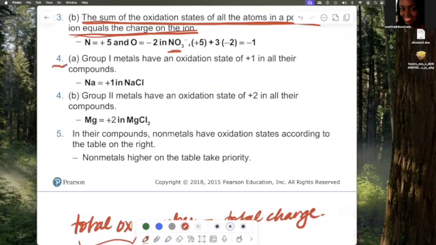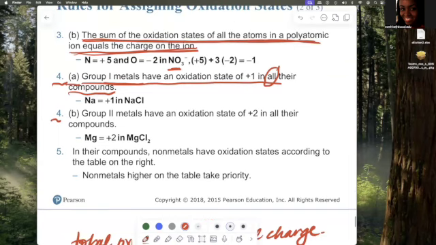Rule 4, there's a rule for group 1 metals. That's for 4a. It says here, group 1 metals have an oxidation state of +1 in all their compounds. Okay. We don't have a lot of rules in chemistry where the rule applies to all compounds, right? So when we do get that, we want to jump on that. Okay.